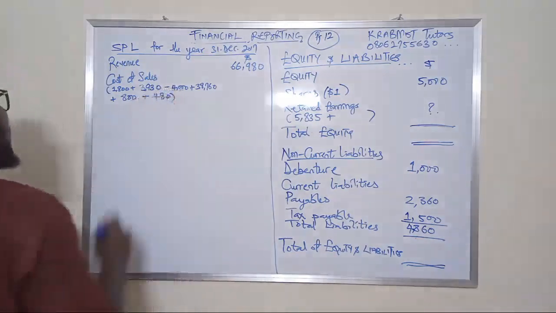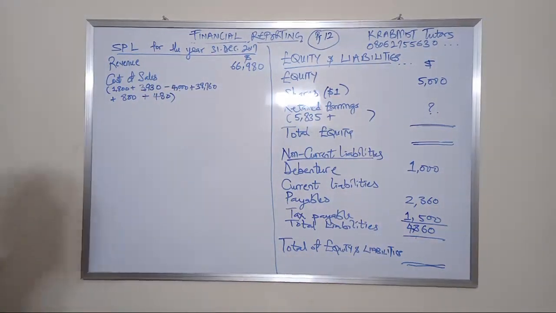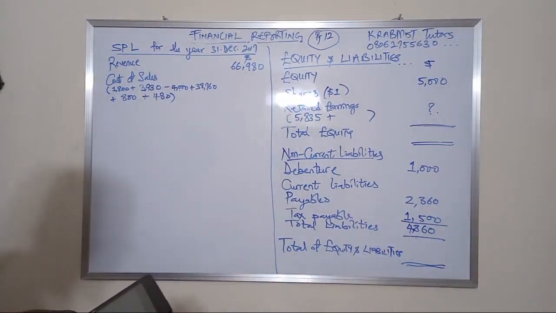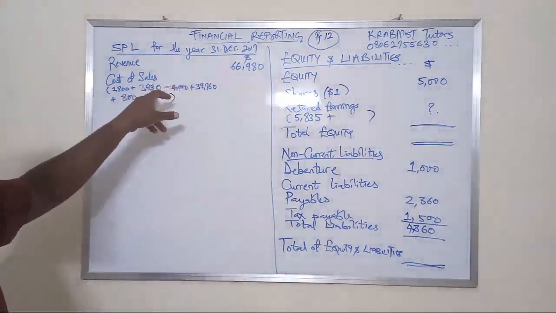So give me the total cost. 1,800 plus 3,930 minus 4,000. This is the movement of inventory.